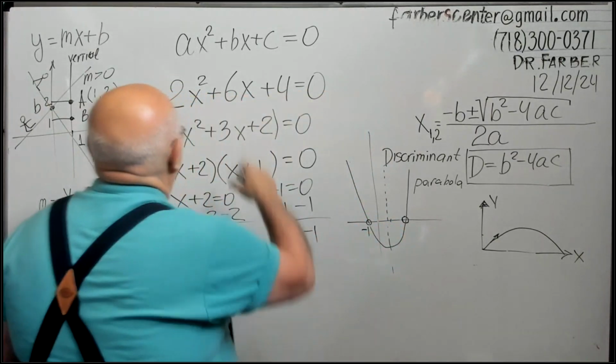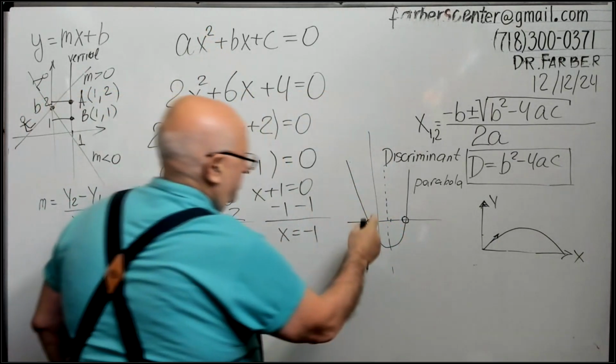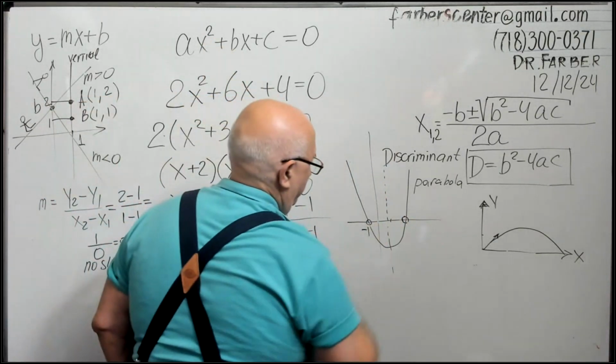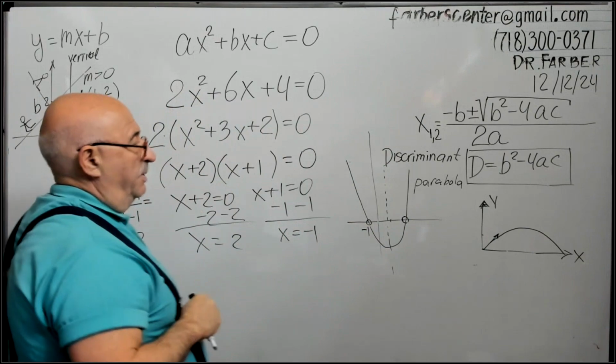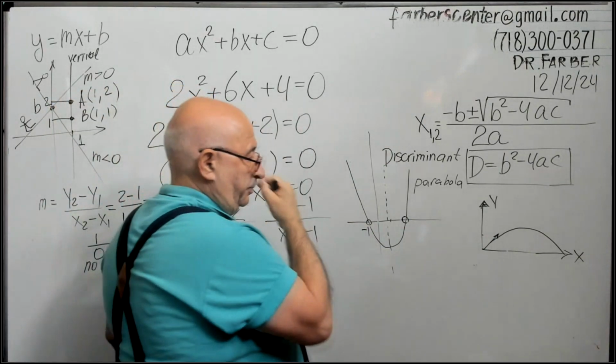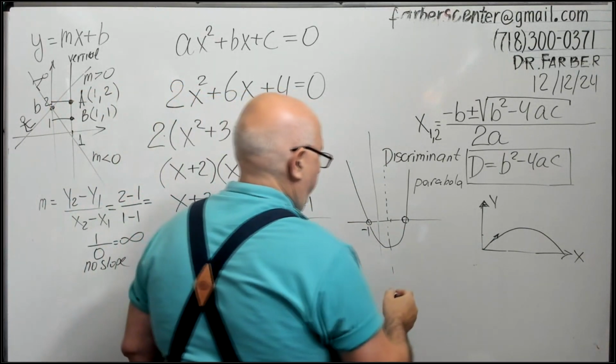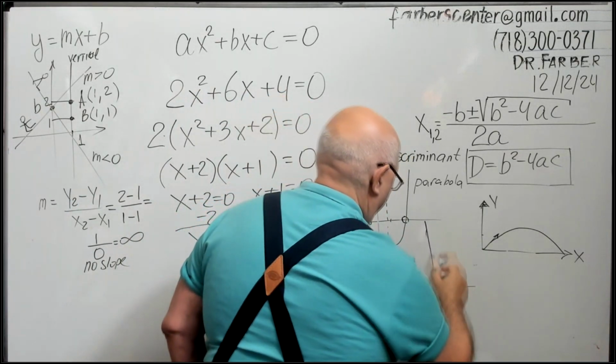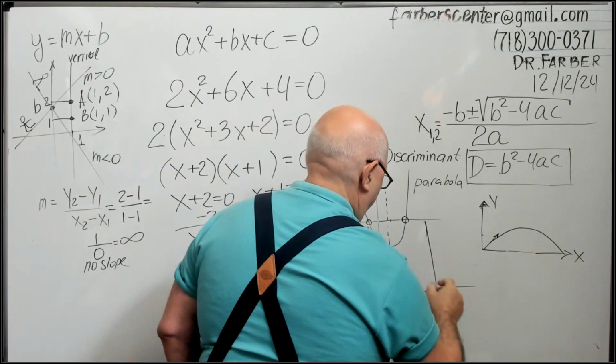You know, an equation of n power has n roots. In this sense, a quadratic equation has two roots. But imagine the situation when the parabola, another picture, goes this way.